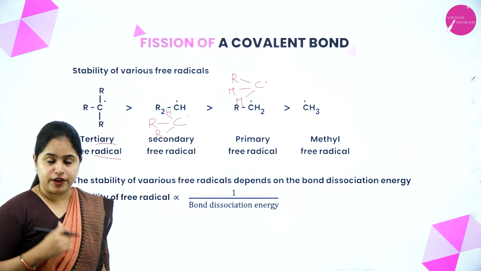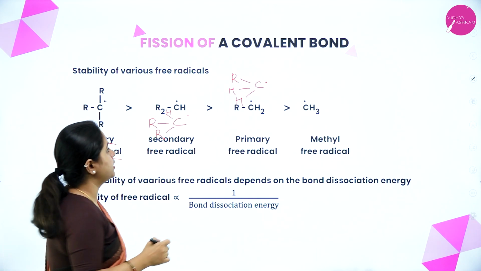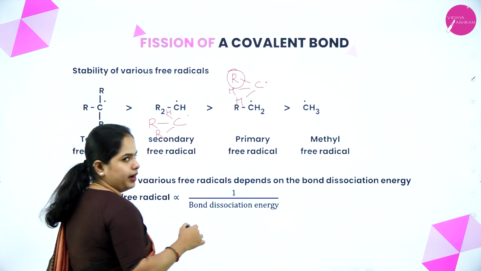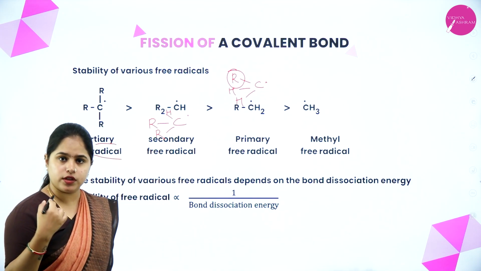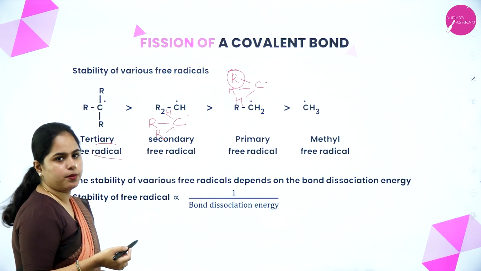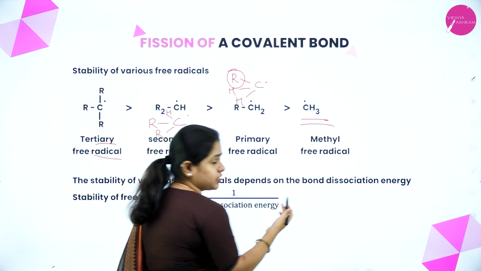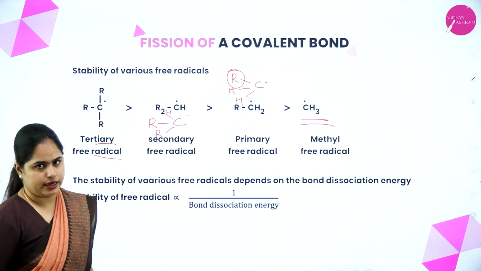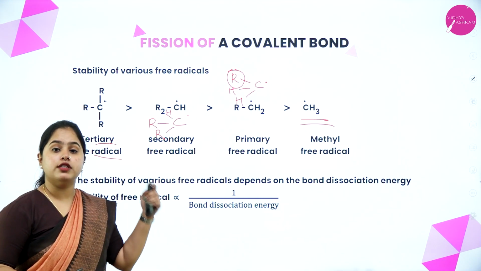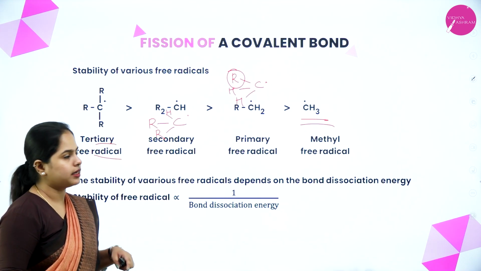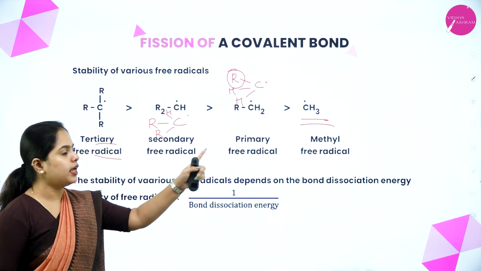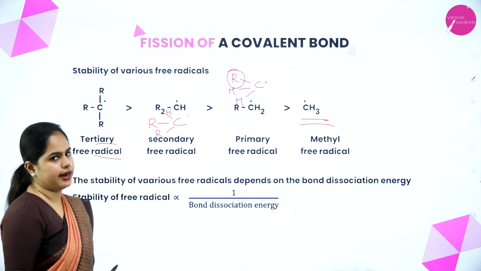So the carbon bearing the free radical is attached to only 1 carbon atom. The R stands for the alkyl group, so only 1 carbon atom. So this is primary. And the last radical you can see is the methyl radical. So the order of stability of free radicals is tertiary, secondary, primary and methyl radical.